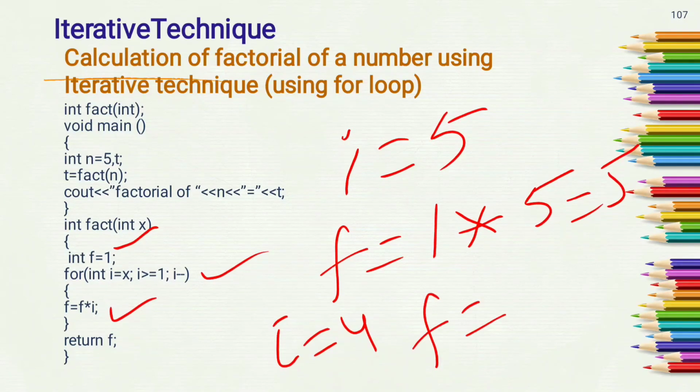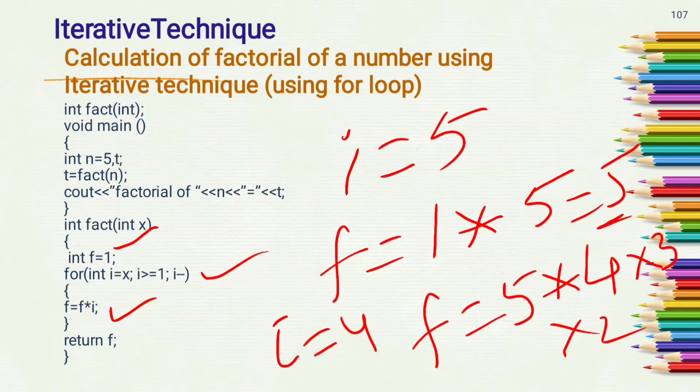Then what will happen? f equals f, now the value of f is 5, into the value of i, which is 4. Similarly, when i equals 3, then f will become 5 into 4 into 3, and when i equals 2, it will become 5 into 4 into 3 into 2, and when i becomes 1, it will become 5 into 4 into 3 into 2 into 1. Finally we get the answer 120, which will be stored in f.